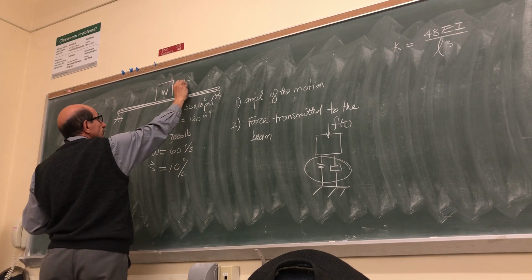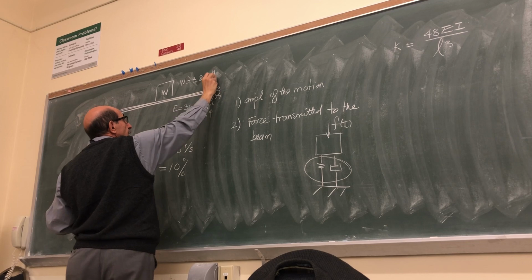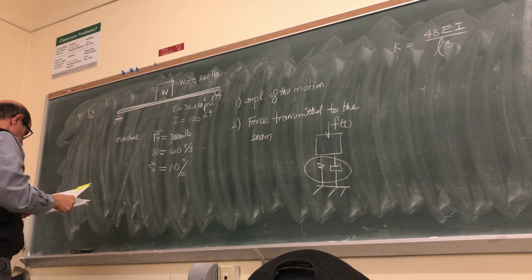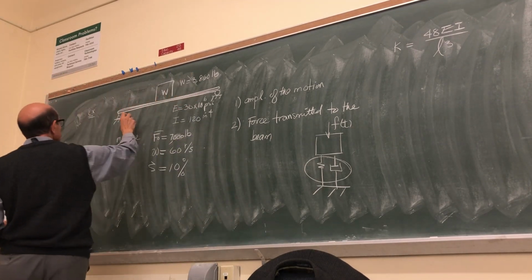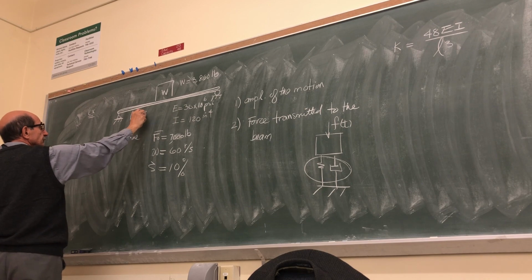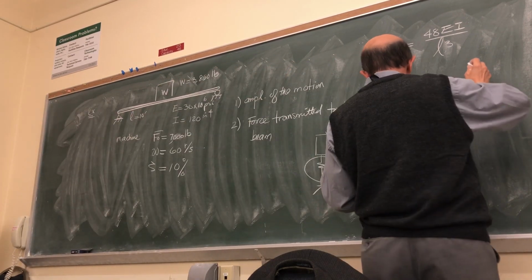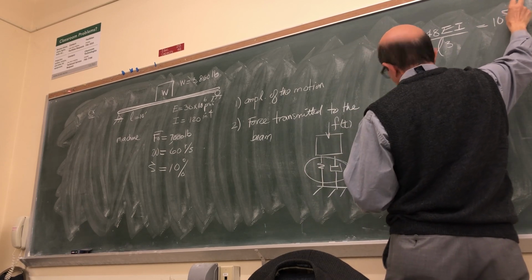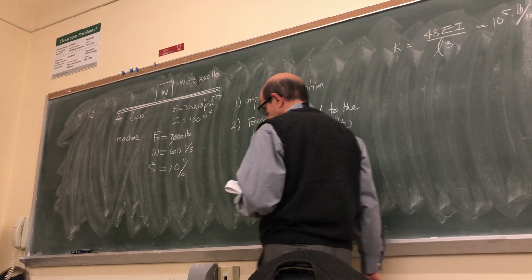The weight is 3,860 pounds. You need that, okay? And length is given as 10 feet, I think. If you calculate that, it comes out to be on the order of 10 to the power 5 pounds per inch.